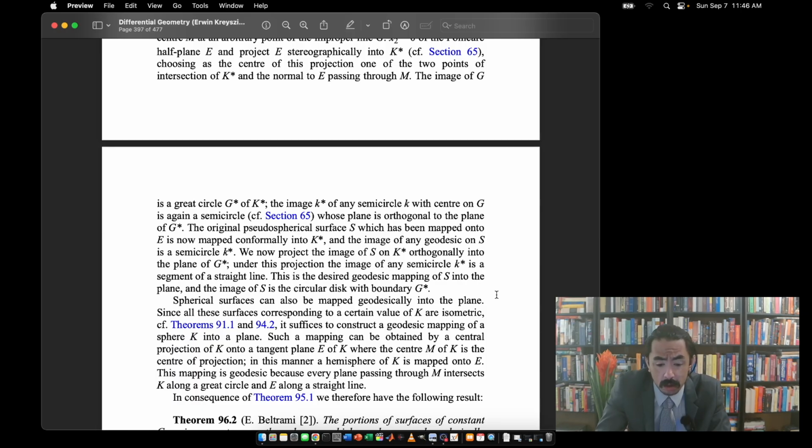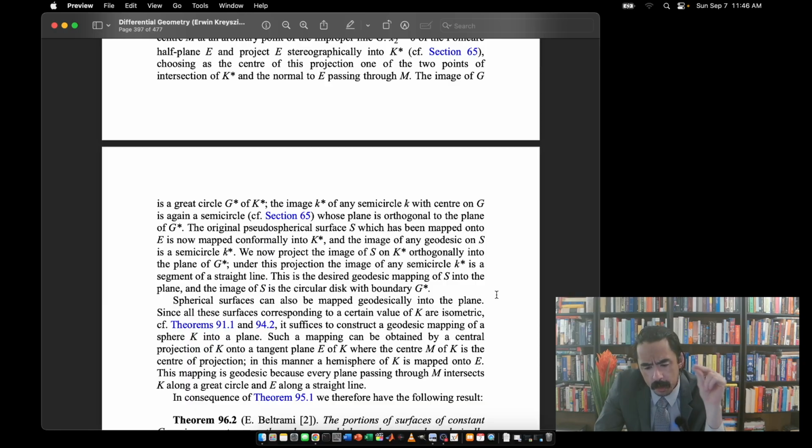The image lowercase k star of any semicircle lowercase k with center on capital G is again a semicircle, refer again back to section 65, whose plane is orthogonal to the plane of capital G star. The original pseudospherical surface capital S, which has been mapped onto capital E, is now mapped conformally into capital K star, and the image of any geodesic on capital S is a semicircle lowercase k star.